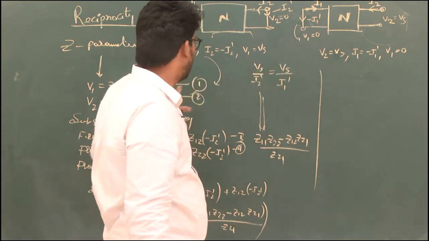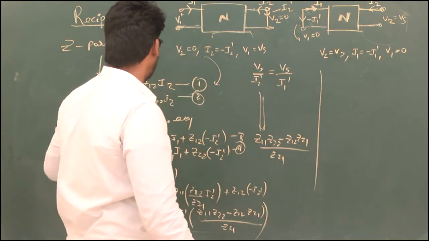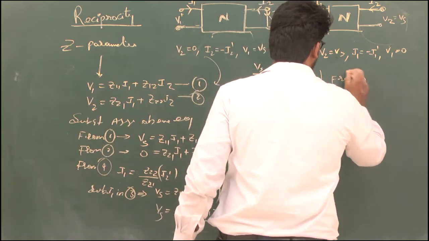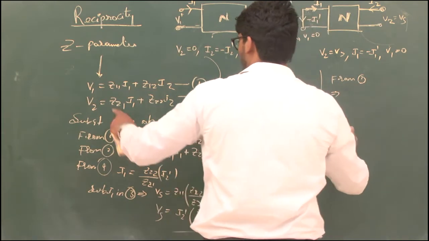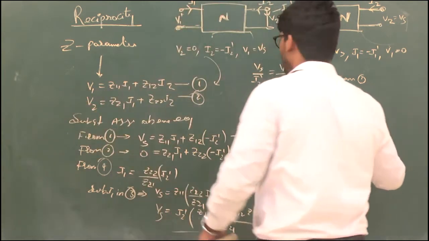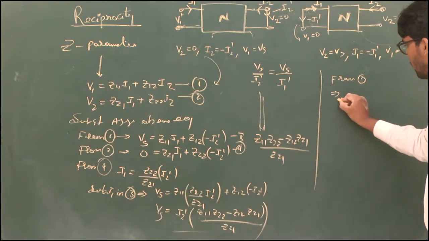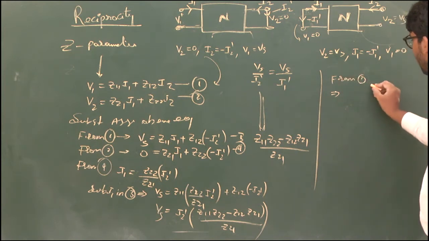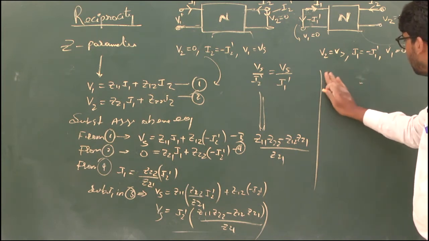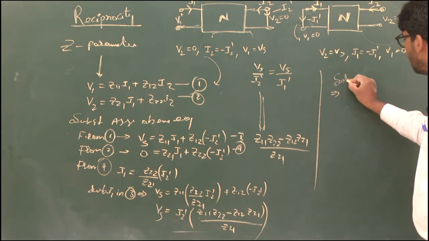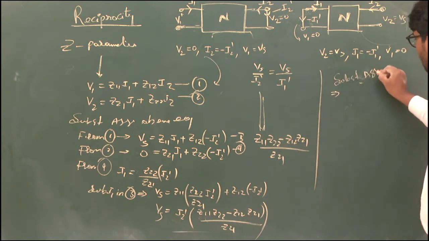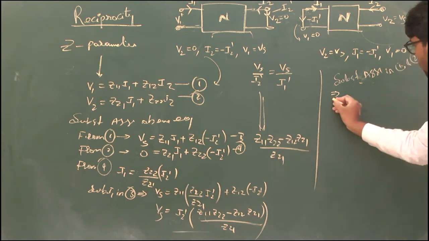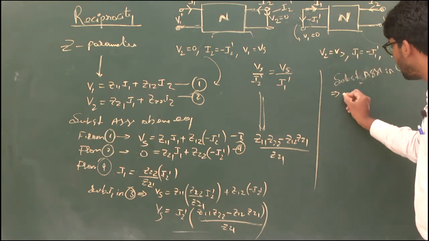For this circuit we substitute the assumptions in 1 and 2. So from 1, substituting the assumptions, you get V1 equal to 0.